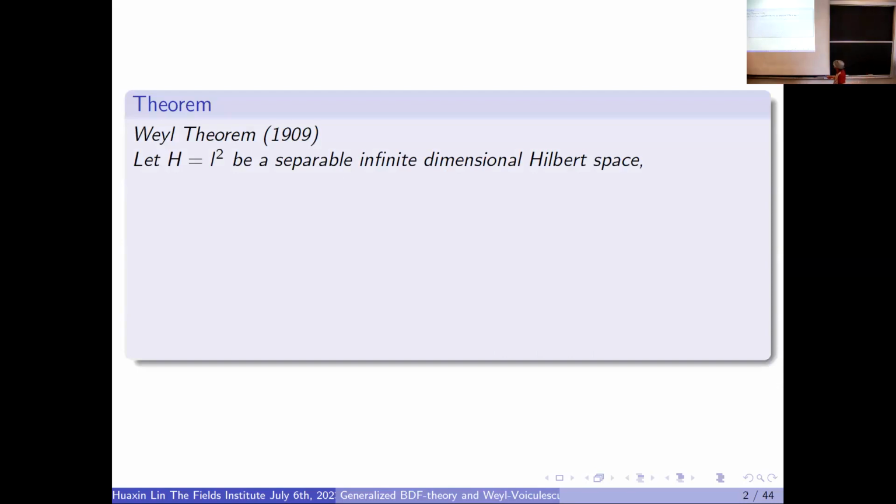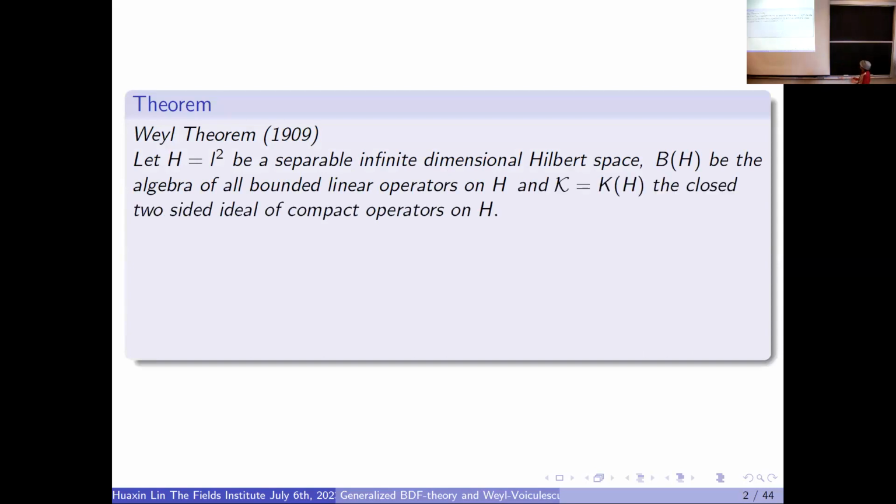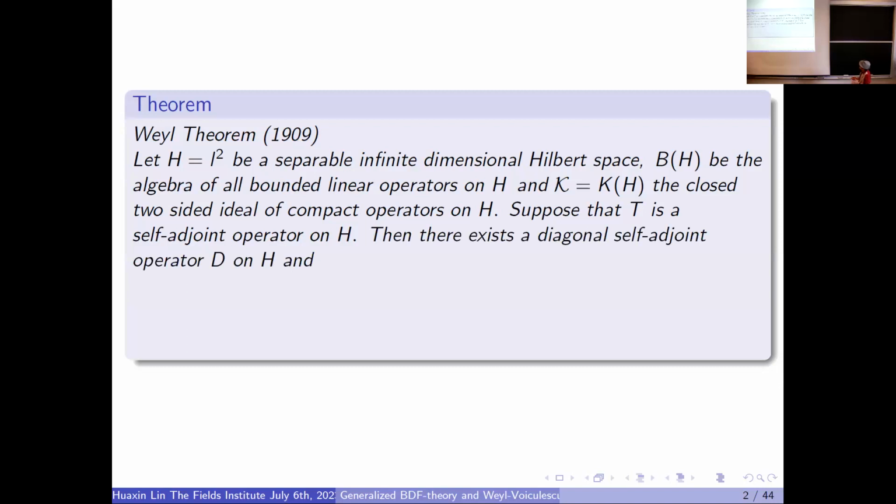So you have a separable infinite dimensional Hilbert space, H, and B(H), the algebra of all bounded linear operators on H. And let's say K is the compact operators, and it's an ideal. Suppose that T is a self-adjoint operator on H. This is just one version of the theorem.